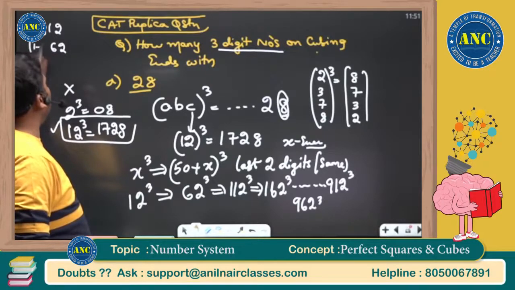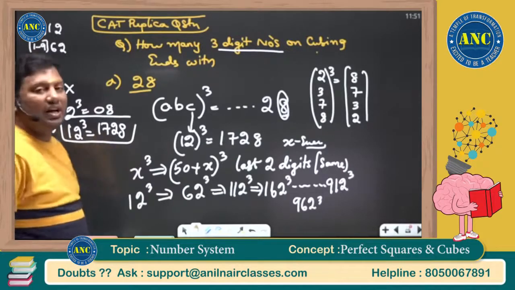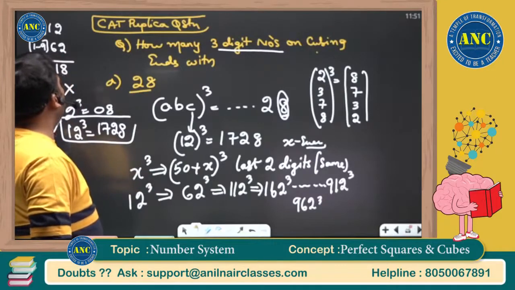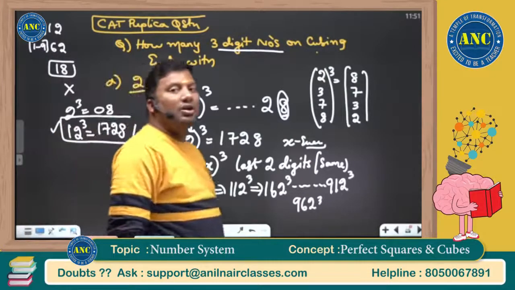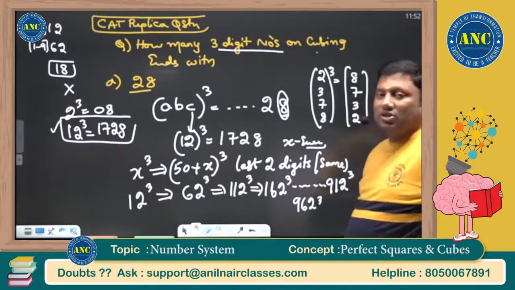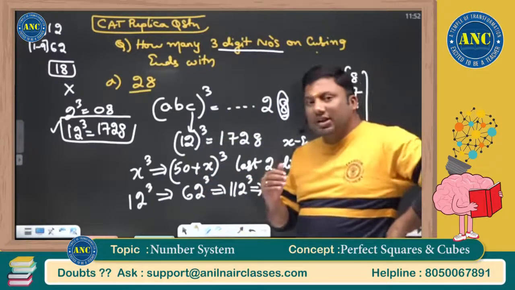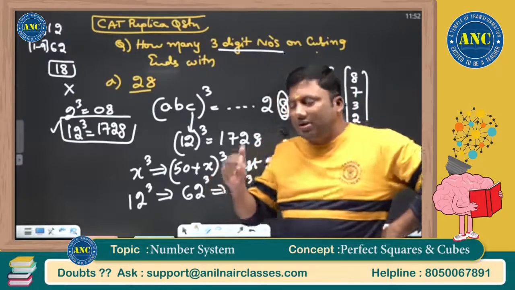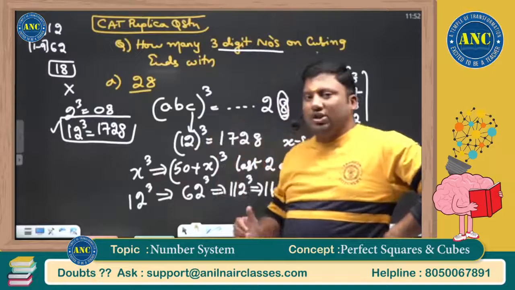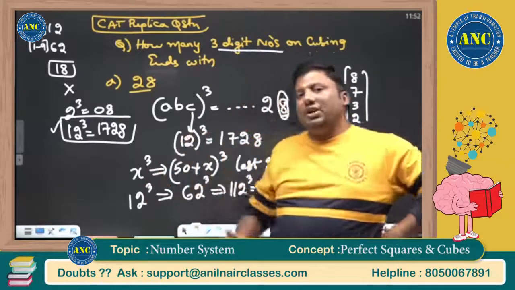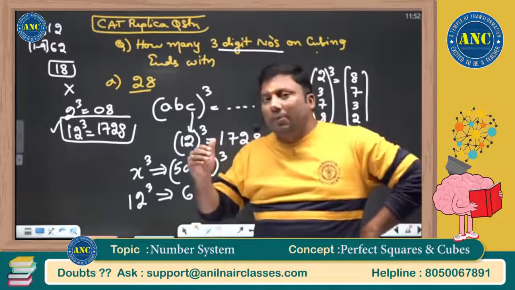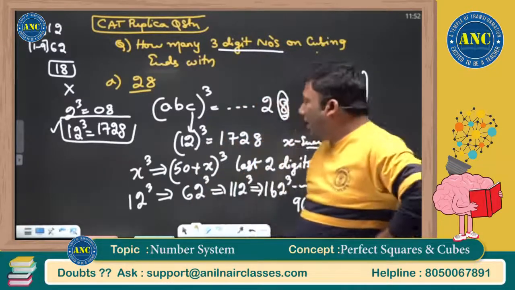I want a 3-digit number, so hundreds place can take any value from 1 to 9. 9 plus 9: the answer to how many 3-digit numbers on cubing end with 28 is 18 numbers. What are those 18 numbers? 112, 162, 212, 262, 312, 362, 412, 462, and so on up to 912, 962.